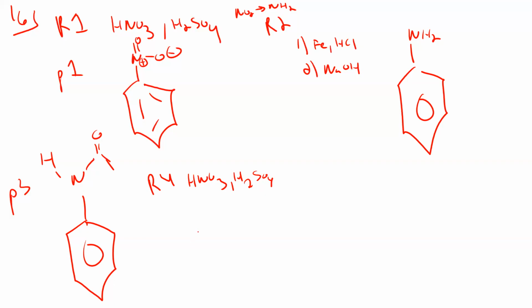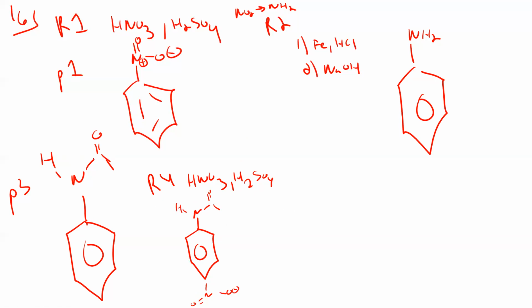I have to draw a little bit smaller than what I'm used to. And you're going to want to put this nitro group like that. Trying to work with what I got and getting to the bottom of this page. Okay, so we can always go on to the next slide, but it's nice sometimes to put all this on one slide.